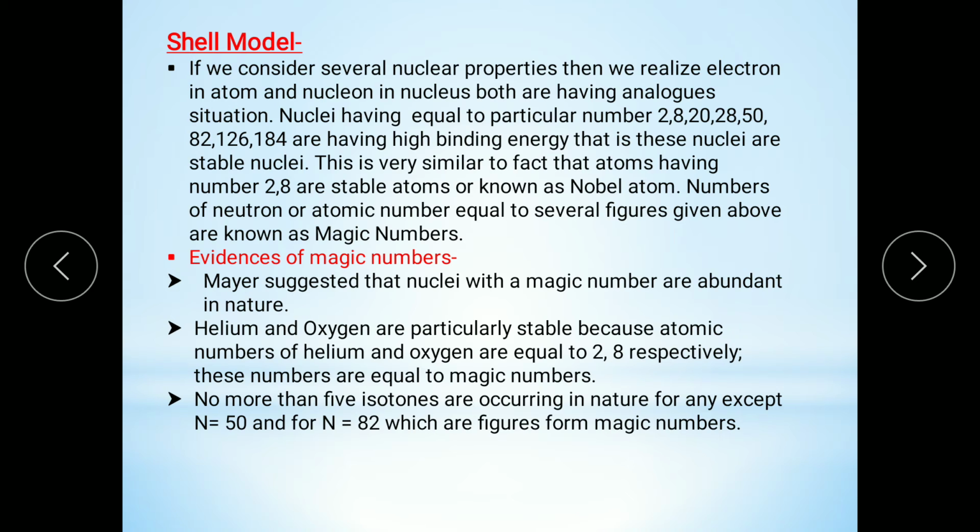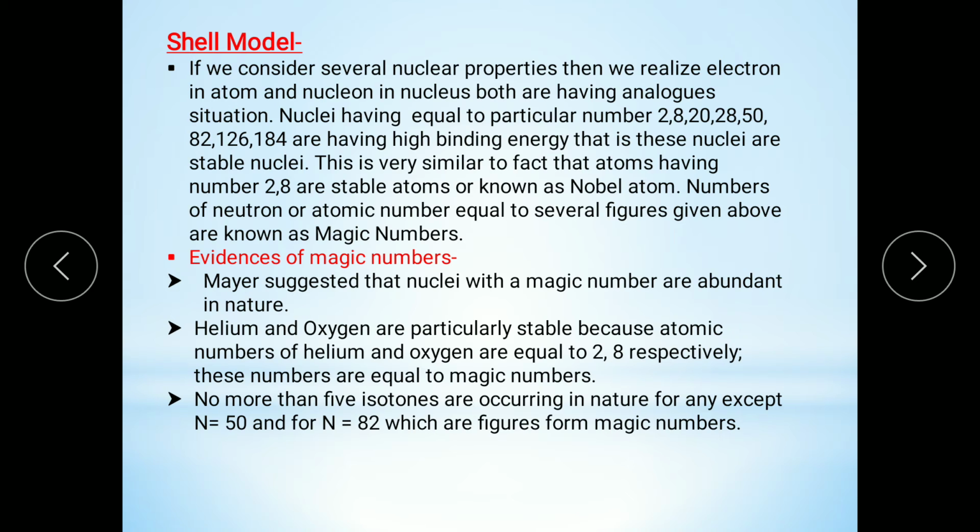Now, what is the evidence of magic numbers? First, Mayer suggested that nuclei with a magic number are abundant in nature. Second, helium and oxygen are particularly stable because the atomic numbers of helium and oxygen are 2 and 8 respectively.